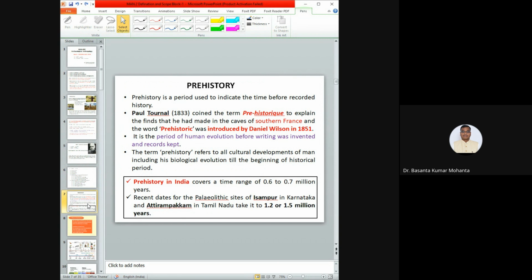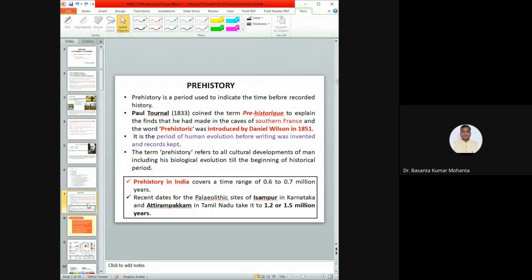Pre means before. So, from this context, if we see the origin of nomenclature, the origin of the term prehistory, it goes to a very early stage. It was Paul Tournal in 1833 who coined this term prehistoric to explain the finds that he had made in the caves of southern France.